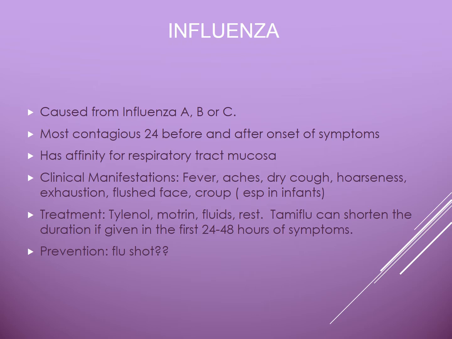Influenza, just in general, has an affinity for the respiratory tract mucosa where it destroys the ciliated epithelial cells with metaplastic hyperplasia of the tracheal and bronchial epithelium. Woo, that's a mouthful, right? So basically, to sum that up in simpler terms, it destroys your ciliated epithelial cells, and it's going to screw up your epithelium in your bronchial tree, basically.